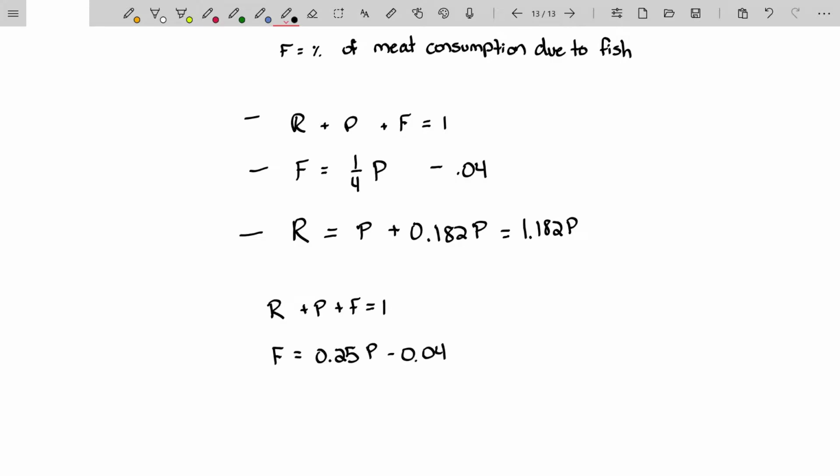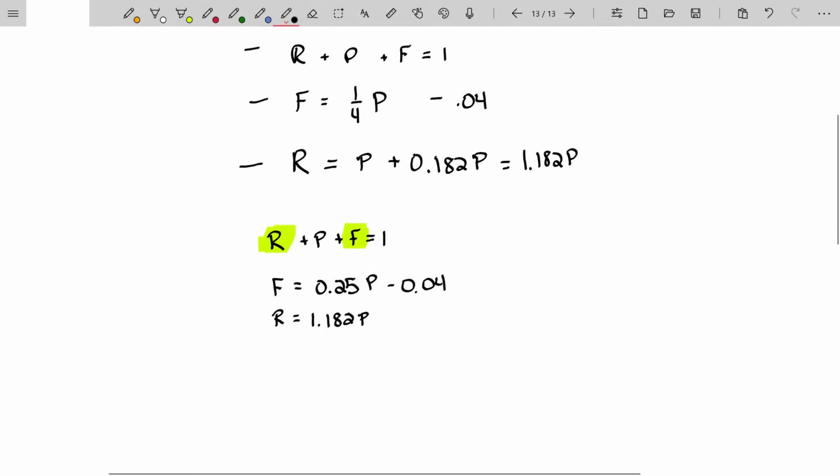So in other words, F is written in terms of p, but also R is written in terms of p, R equals 1.182p. So if F and R are already written in terms of p, we can substitute those into this top equation, and we'd have an equation only in p, and we could solve for p.